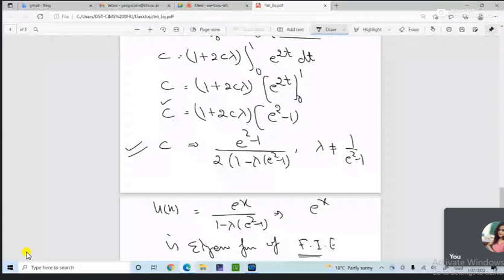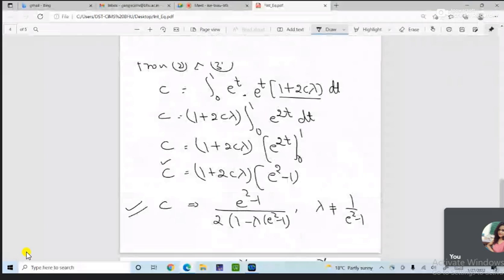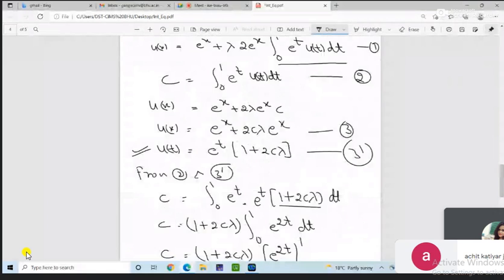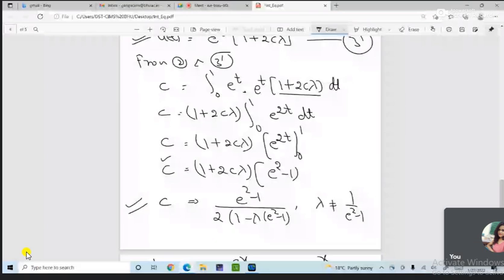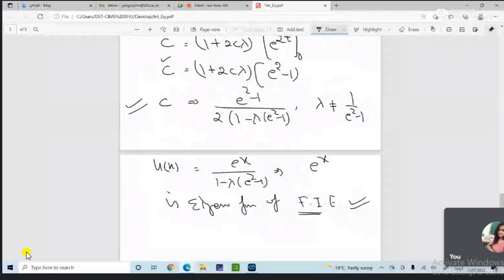You can also substitute the value of c here. It is the solution, and lambda must not be equal to 1 upon e squared minus 1. Every lambda not equal to this quantity will be an eigenvalue. Okay, so this is the procedure.